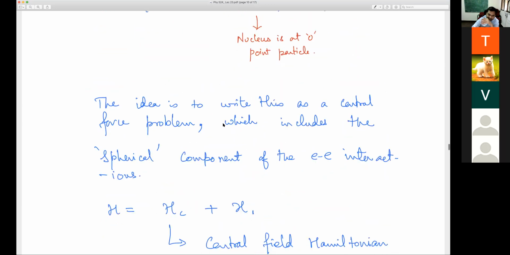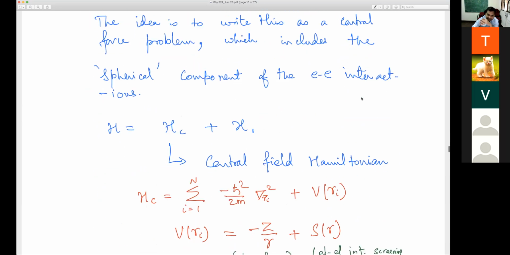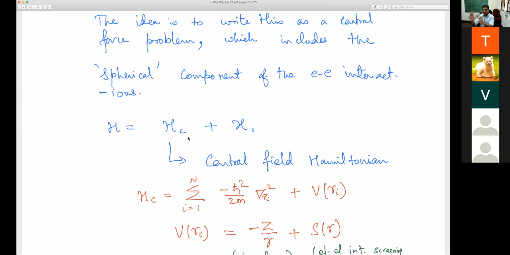So I can write this Hamiltonian as H_C, the central force or central field Hamiltonian, plus H1, which depends on all of this complicated angular part. Since the bulk of the screening is already included in the central field Hamiltonian, most likely H1 will be perturbative.